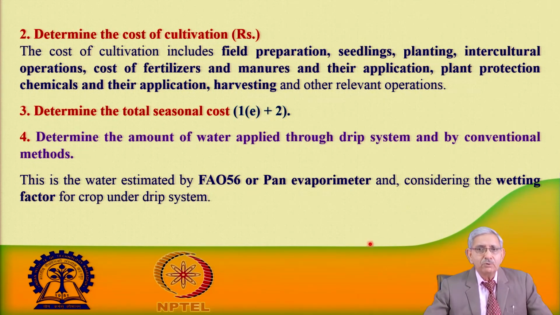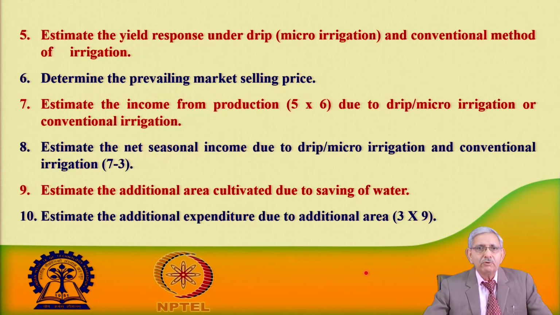But in case of close growing crops, it varies from 0.65 at the initial stage, and it goes up to 100%, sometimes we take 90%. So, that value is used to find out the total water requirement. The procedure has already been stated in the previous class.